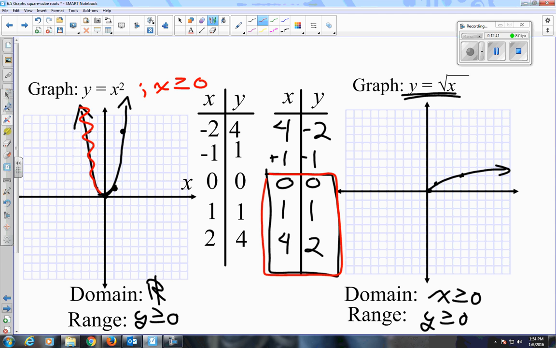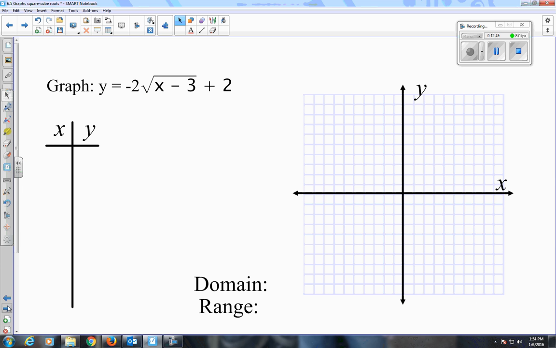Okay, so let's try one that's more interesting than this one. So there's our parent graph right here. Let's look at a more interesting one. We're going to graph y equals negative 2 times the square root of x minus 3, plus 2. How is this one going to shift? Up 2.